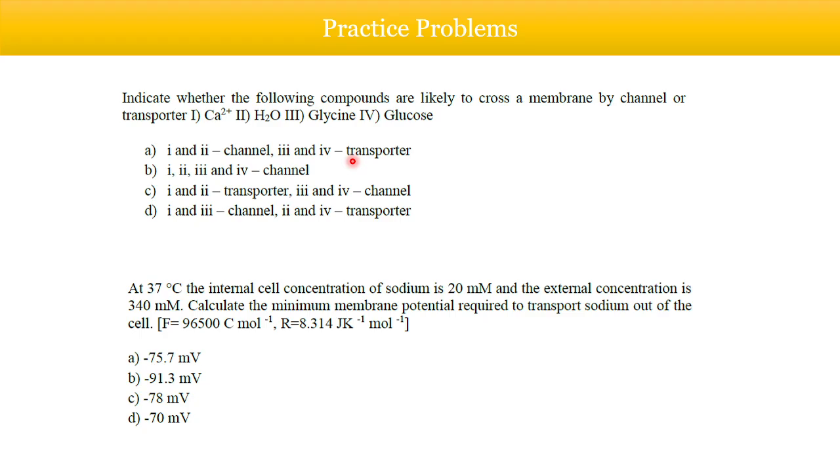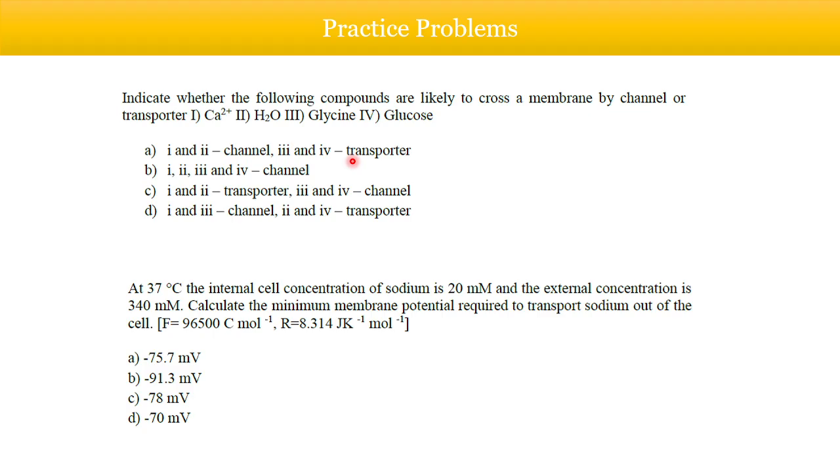And how does a channel work and a transporter work? How are they different? We are learning quite a few things from these questions as well, which is great. So, channel versus transporters. Maybe a little bit about channels and transporters.